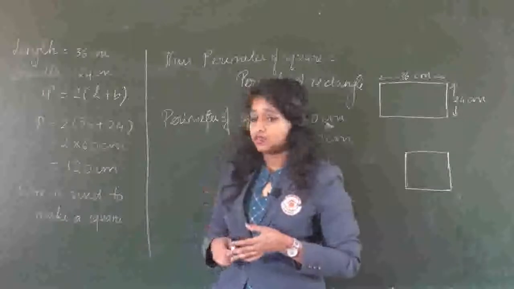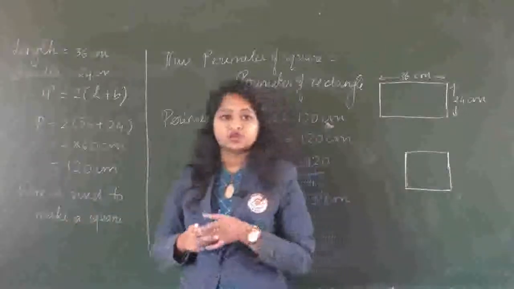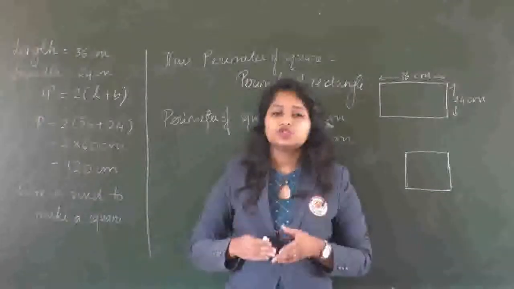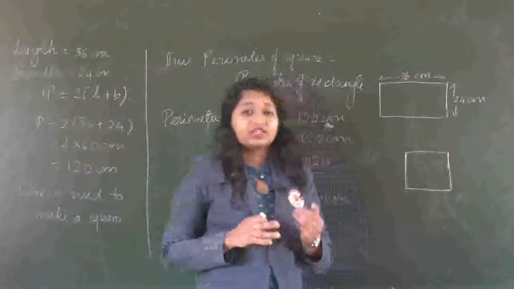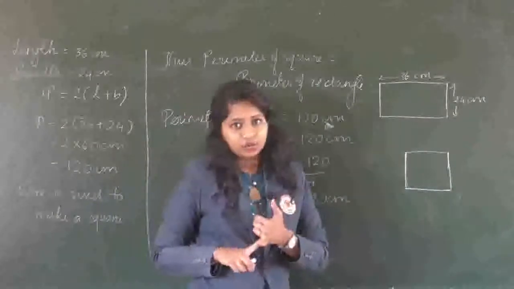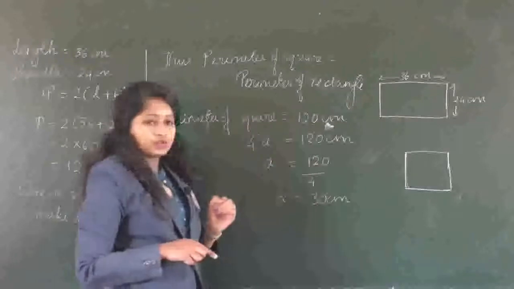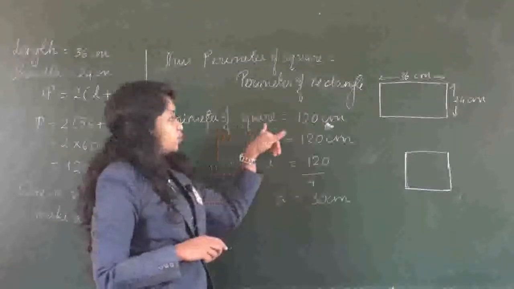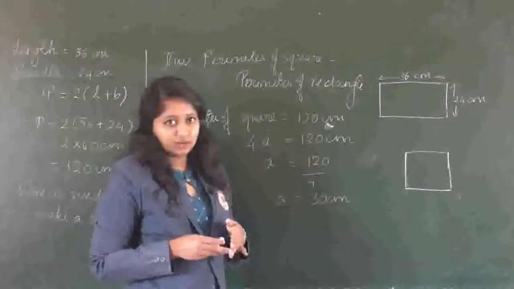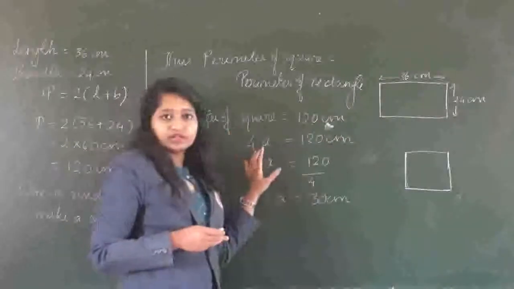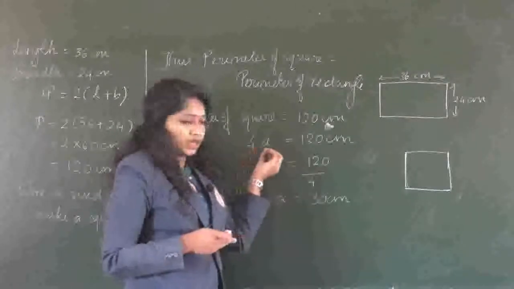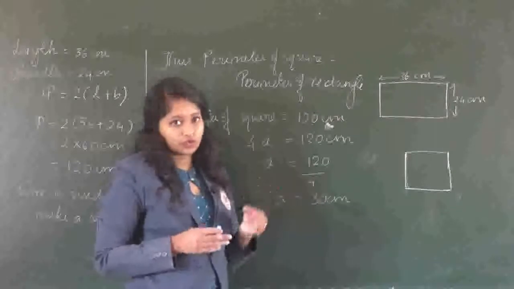And it is given that the wire is used to make a square. That means we are not changing the wire. The same wire is used to make the square. That means the perimeter of the rectangle and the perimeter of the square should be equal. So the perimeter of the square will be the same as the perimeter of the rectangle, which is 120 centimeter. Perimeter of a square, we know, is 4 times the side, 4 into A. A is taken as the side of the square.